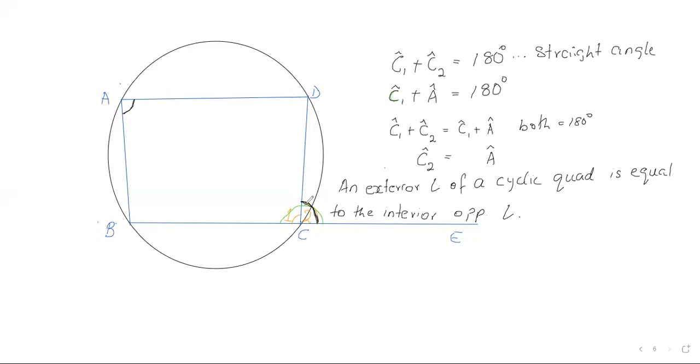Now this one is outside, the exterior angle. And in this cyclic quad ABCD, that one is inside. It's the interior angle of a cyclic quad.